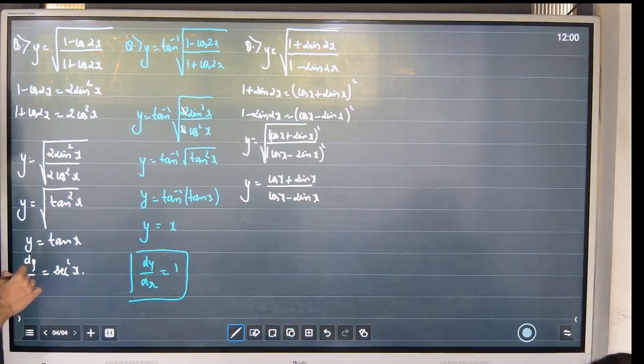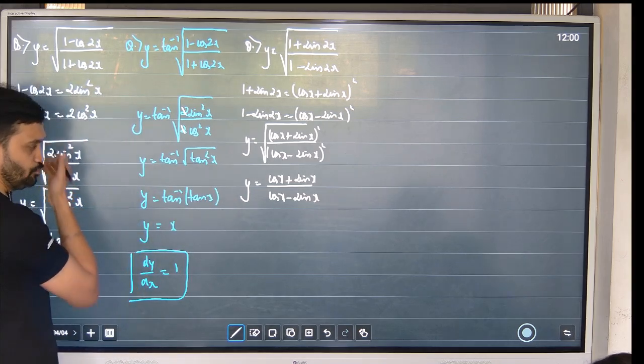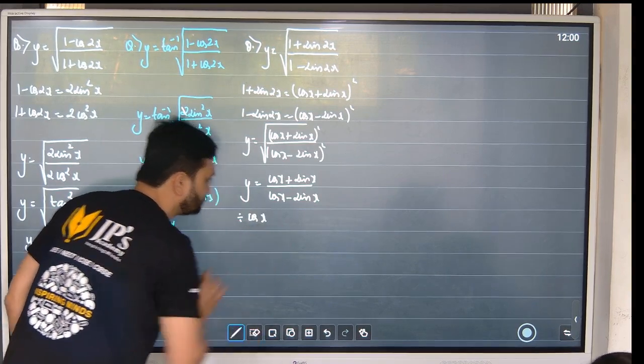Now remember this, whenever you have cos x plus sin x, cos x minus sin x, the same pattern, what you're supposed to do is divide throughout by cos x.